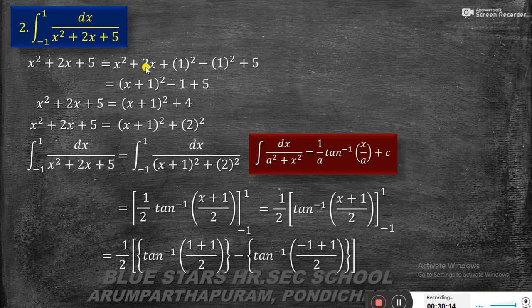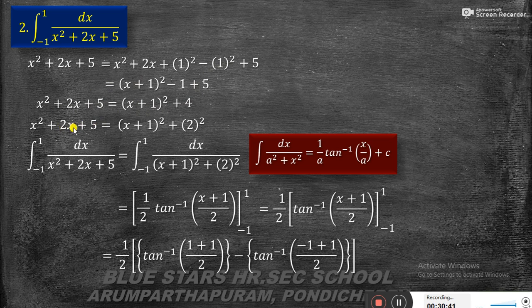So a square plus 2 into a, means x, into b, means 1, so 2x plus 1 square. Then we write a plus b whole square, a equal to x, b equal to 1. So x plus 1 whole square minus 1 square, means 1, minus 1 plus 5. So x square plus 2x plus 5 equals x plus 1 whole square minus 1 plus 5, is plus 4.